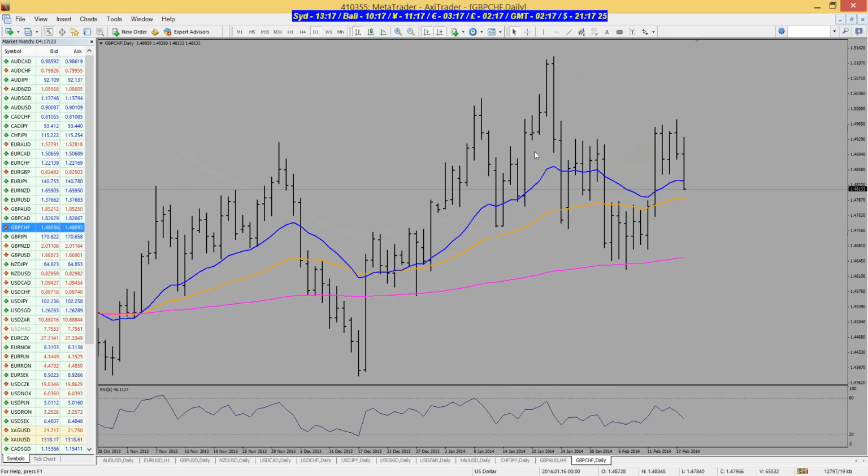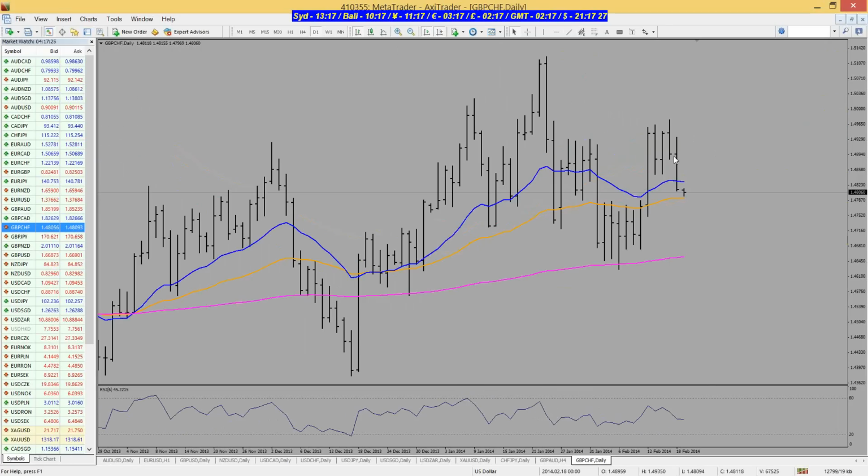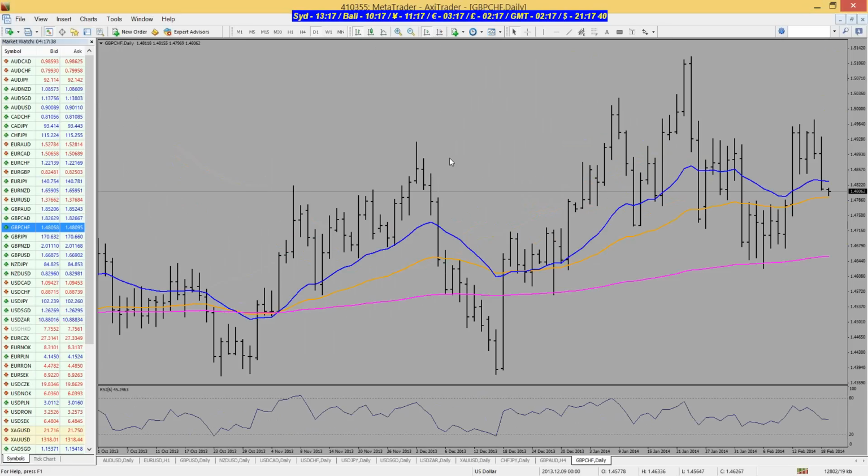If we look at the daily though, it's not that fabulous to look at. There's no clear trend, but what we're looking at on the pound using the 4 hour is if things are in an established trend that we're jumping in on the cyclicity.